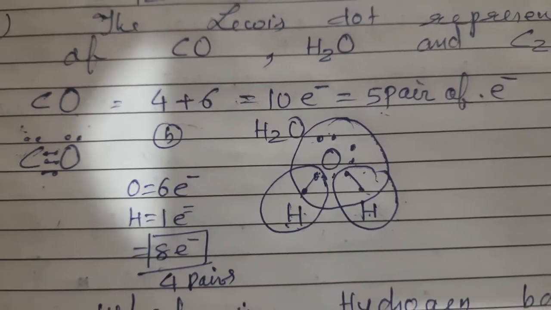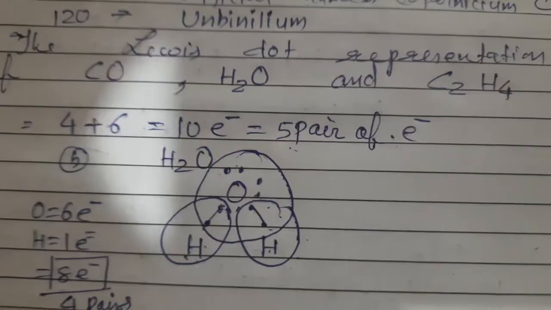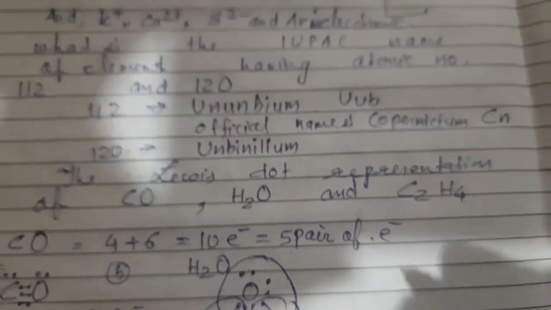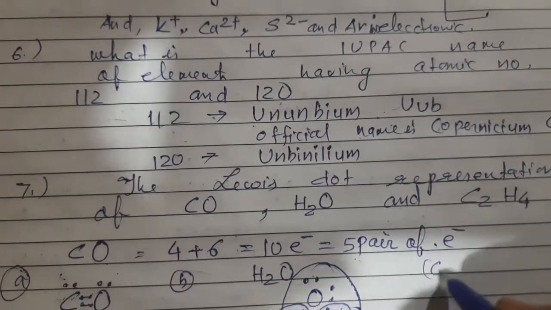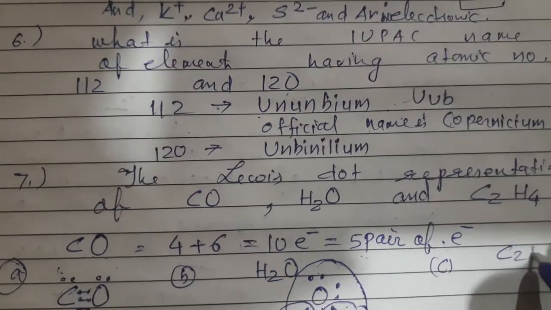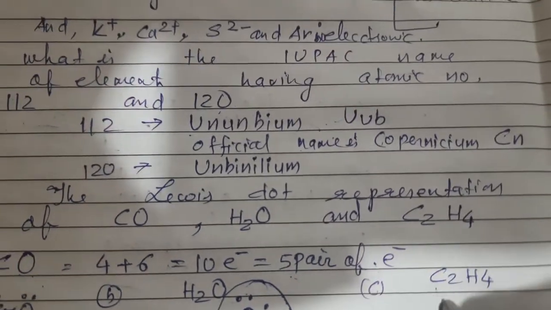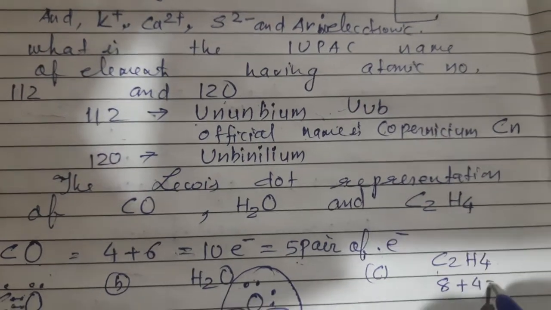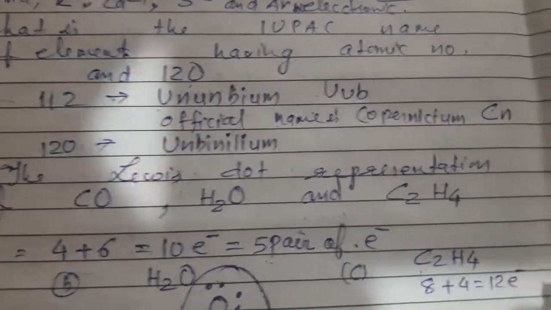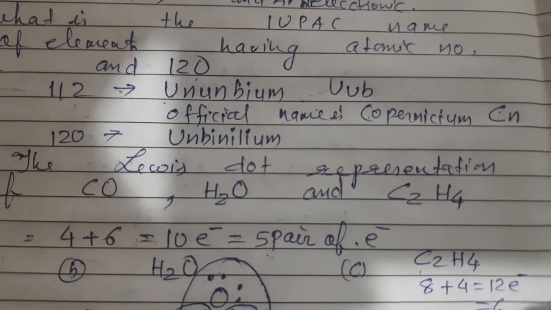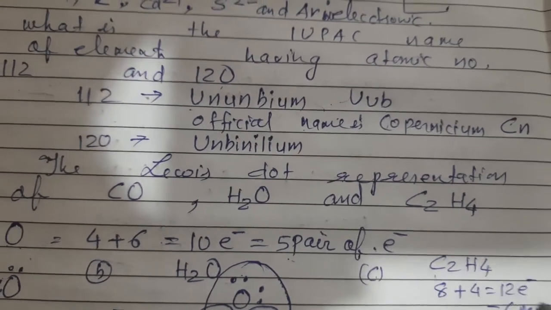Same way we will write C2H4. Carbon outermost orbit has 4 electrons, so 4 twos are 8 plus 4 is 12 electrons. 12 electrons means 6 pairs. 6 pairs we have to adjust.